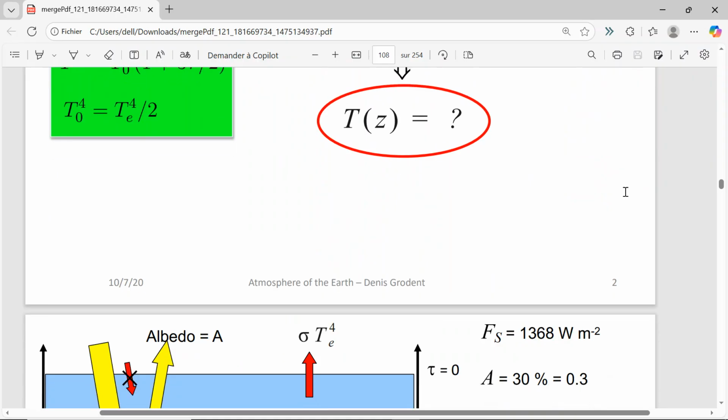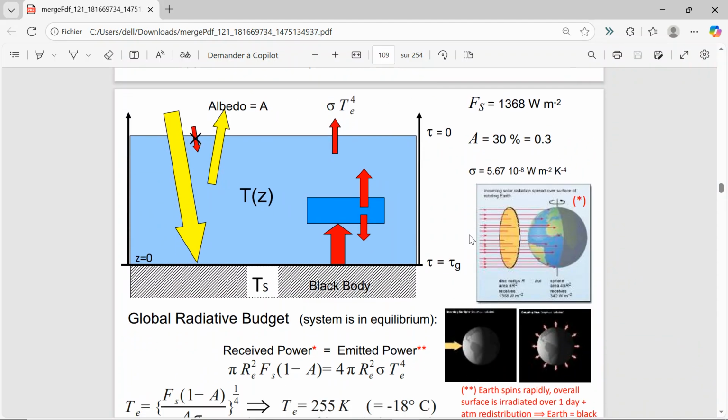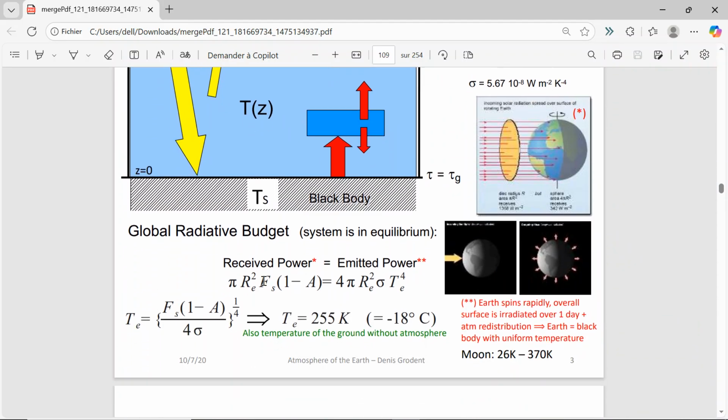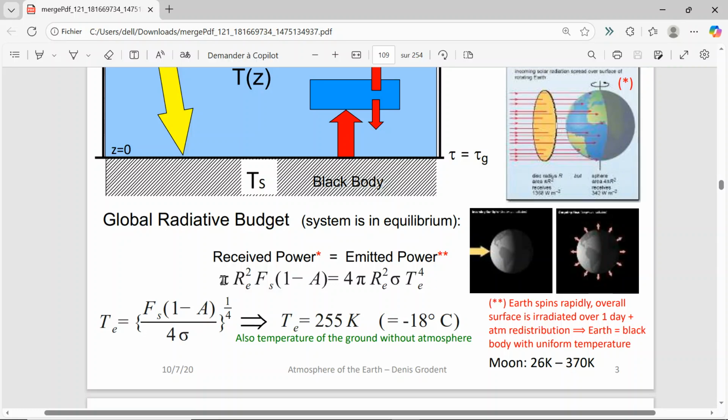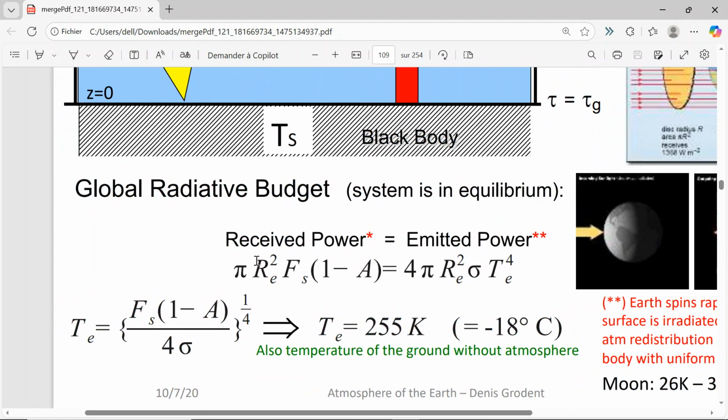So what is the temperature with respect to the altitude right now? In order to find it, first we need to do a global radiative budget. The power received by the Earth is pi R squared E times Fs times (1 minus A), where Fs is the sun emission in watts per square meter.